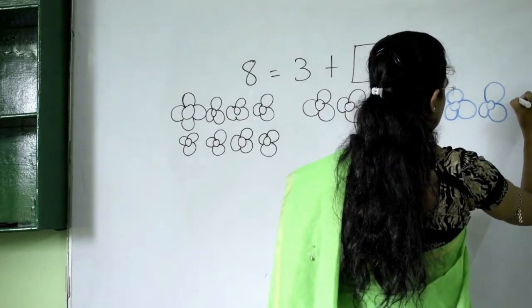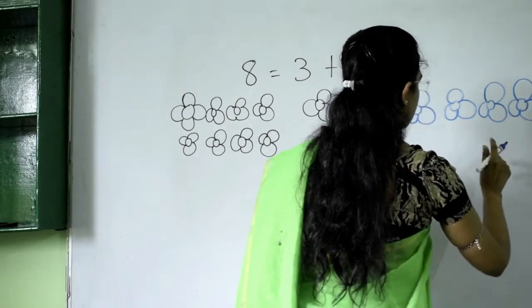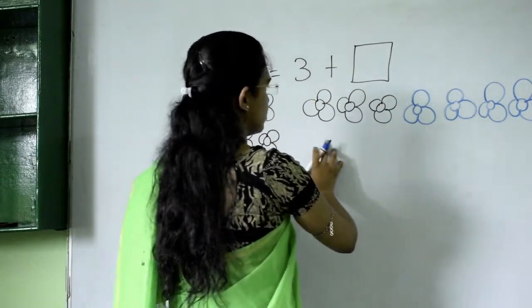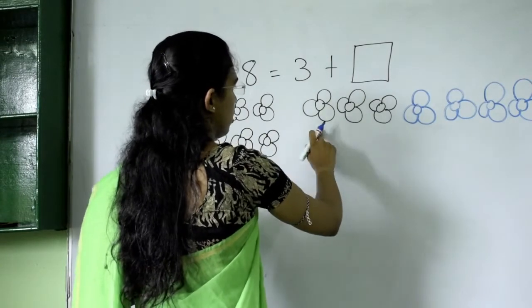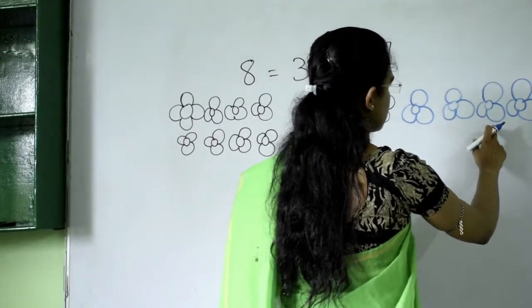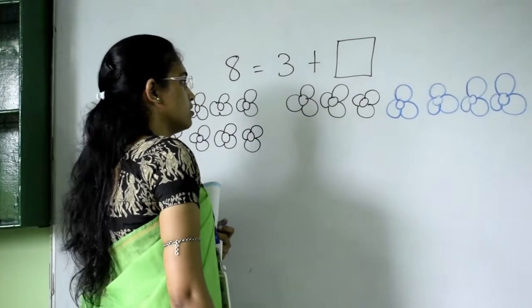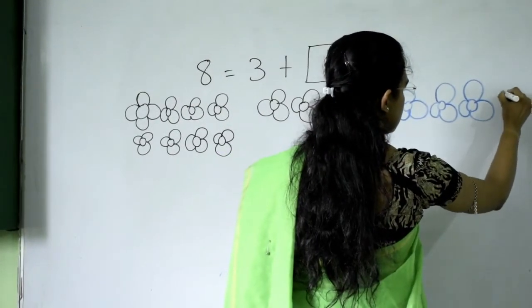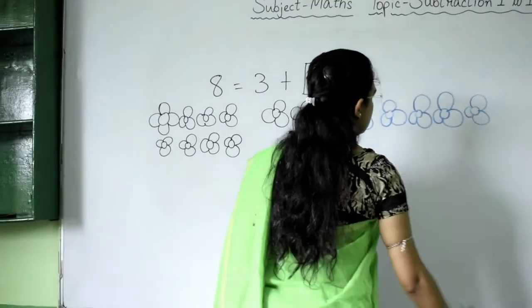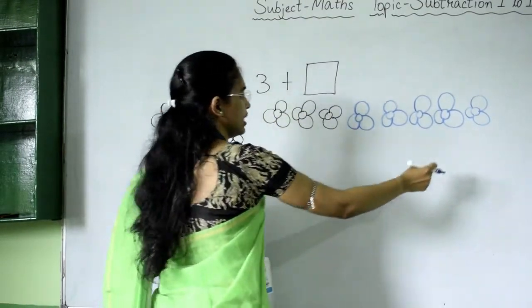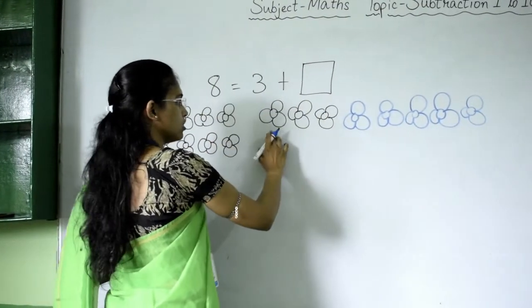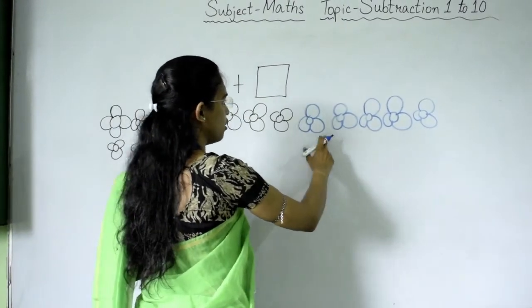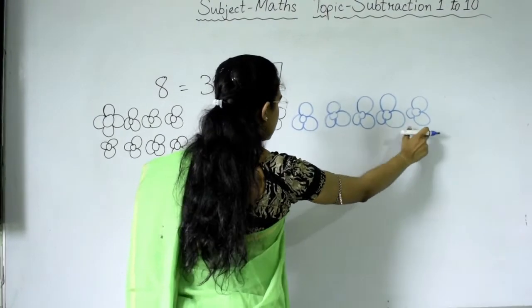Now how many flowers do we have altogether in this side? 1, 2, 3, 4, 5, 6, 7. That means we have to add one more flower to make it 8. Now when I add one more flower, how many flowers are there? 1, 2, 3, 4, 5, 6, 7, 8.